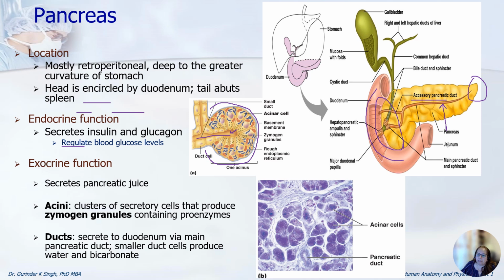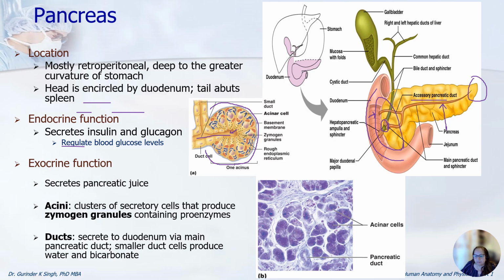Both of them open into the duodenum, but the main pancreatic duct combines with the bile duct, and they have sphincters, and then they open up into an ampulla, which is a raised area inside the duodenum. The accessory pancreatic duct also opens into the duodenum, but it does not open into any raised ampulla.